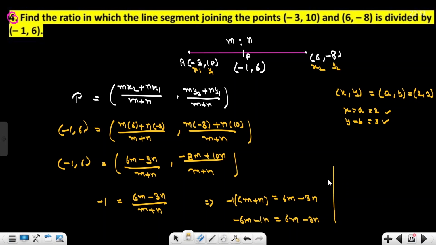Now one side m value and one side n value. So -6m from the left-hand side changes to the 6m side. Here we make some mistake.